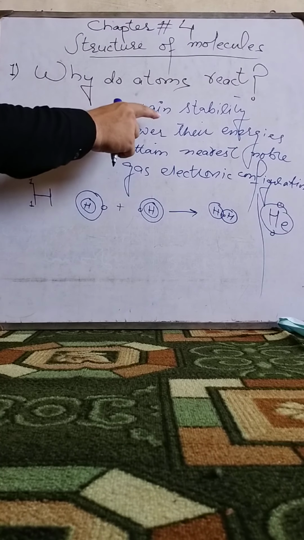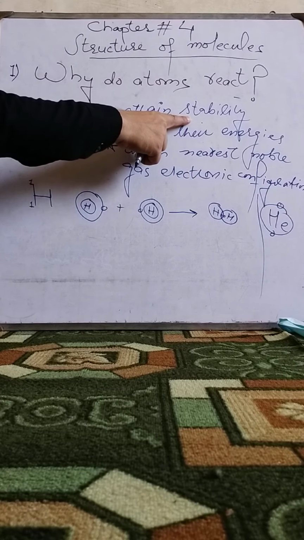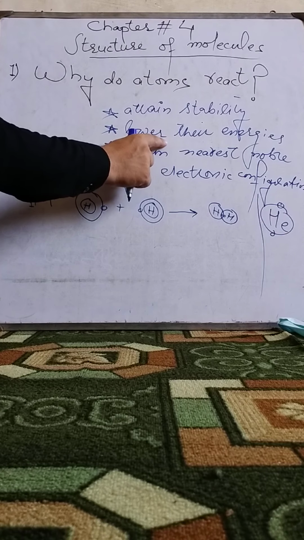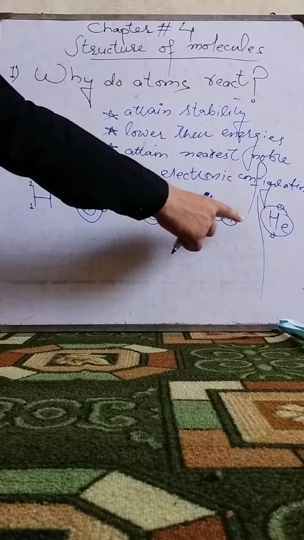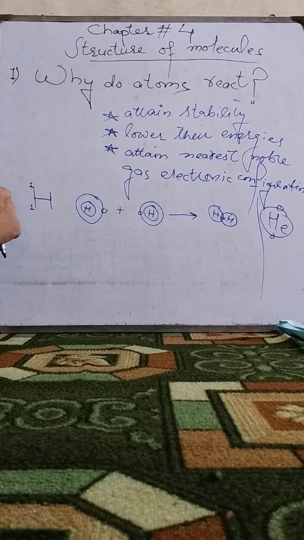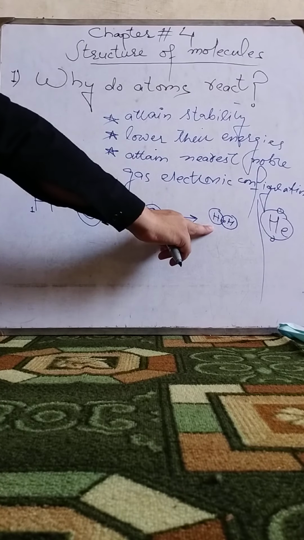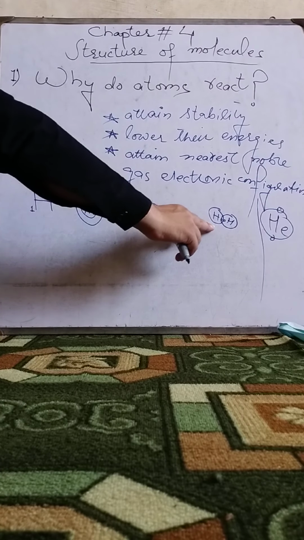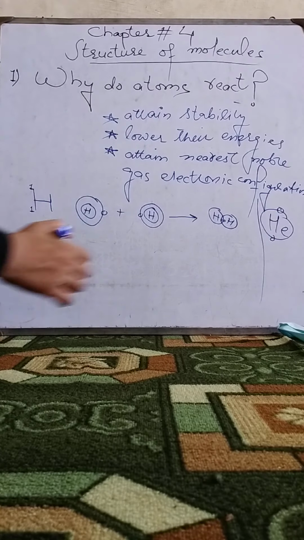This molecule has very good stability, or in other words, this molecule is stable. It has very low energy. Similarly, it has the electronic configuration of noble gas helium. It has 2 valence electrons, 2 shared electrons between 2 hydrogen atoms.